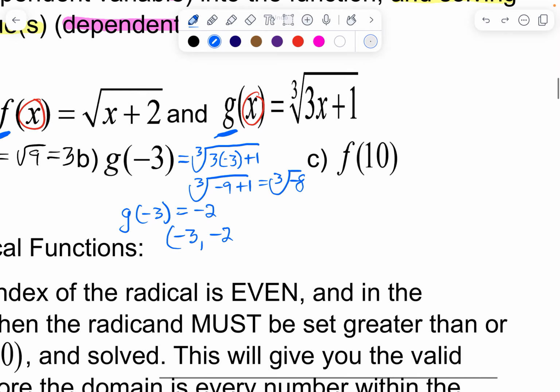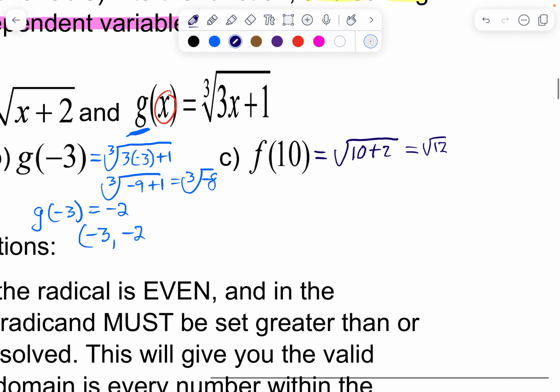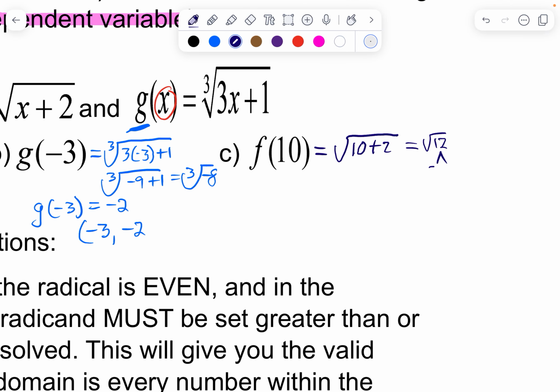And another example here, f of 10. Please remember that we're simply replacing the x in function f with a 10. So this is the square root of 10 plus 2, which equals the square root of 12. We can break down this 12 into 3 times 4. Remember that the square root of 4 is 2. So f of 10 equals 2 times the square root of 3.